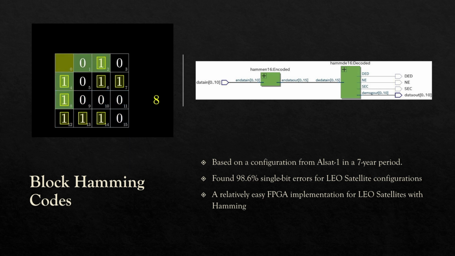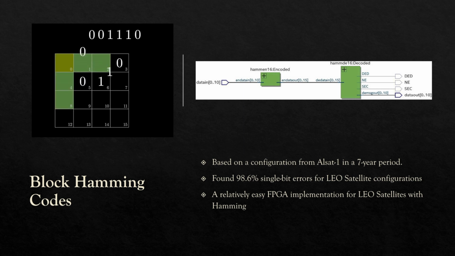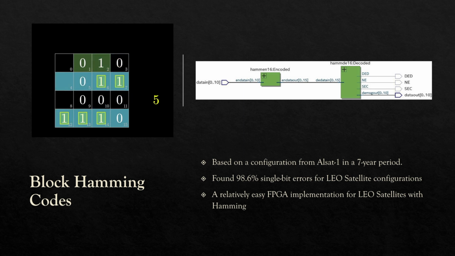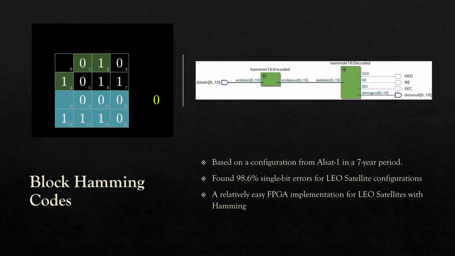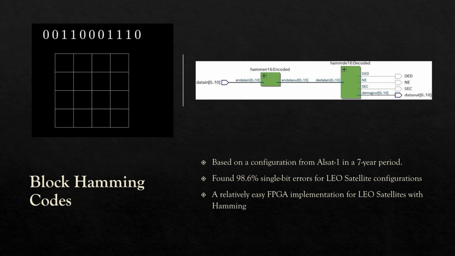Some of the implementations that scientists have used so far through FPGAs is something where they encode a segment of data and then they decode that segment using the Hamming algorithm. It's probably the best situation for most low Earth orbit satellite configurations because there aren't any large sets of physical data that are being switched from radiation.